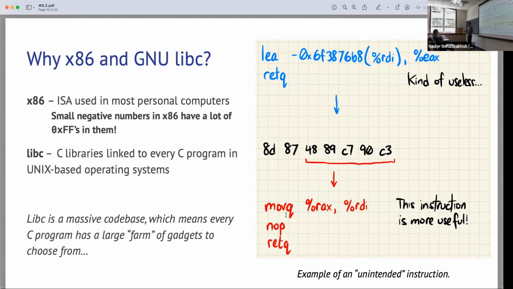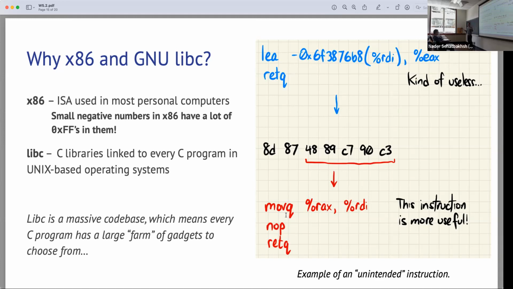This is really important because x86 is used on most personal computers nowadays, and it also has a couple of quirks that make it easier to find gadgets. For example, negative numbers in x86 are 0xFF followed by other bytes for small negative numbers. And what's really funny is that 0xFF is also the indirect jump instruction.